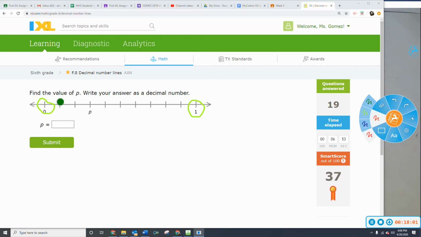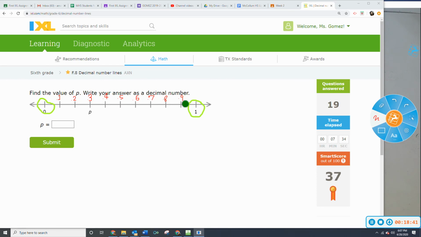So that would mean that this is 0.1, 0.2, 0.3, 0.4, there we go, 0.5, 0.6, I'm trying here, there we go, 0.7, 0.8, and 0.9.